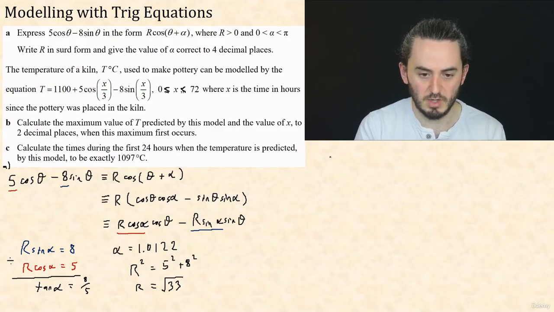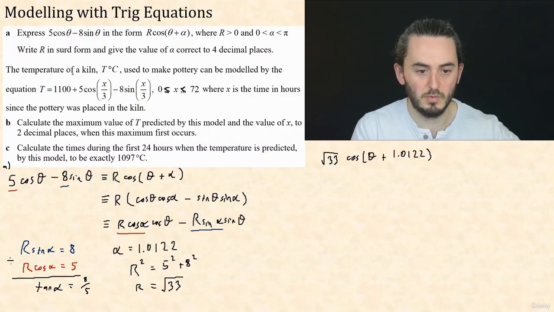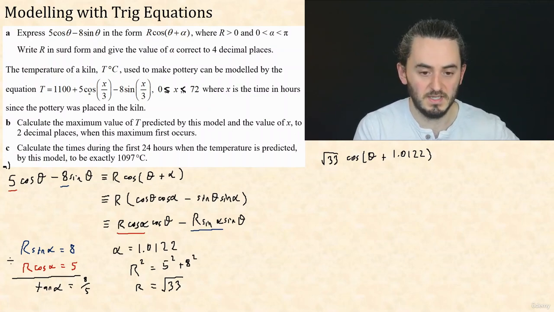Well, let's actually just write our harmonic form here, because from part A I've got that 5 cos theta minus 8 sine theta is root 33 cos(theta plus 1.0122). Now what's this got to do with part B? Well, we can see our harmonic form lurking in here. The only difference is instead of theta, it's x over 3.